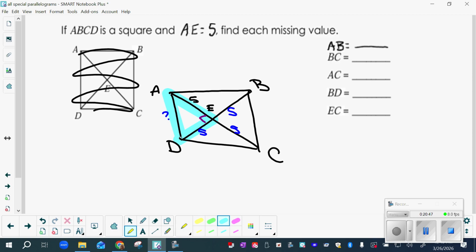5 squared plus 5 squared equals c squared. You can do this. Don't say it. Let everyone try to do it. Did you do it? Do it real quick.